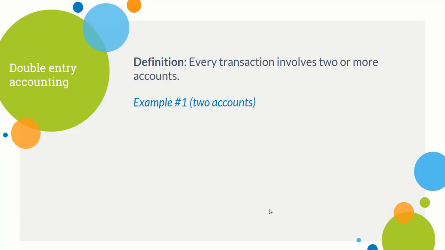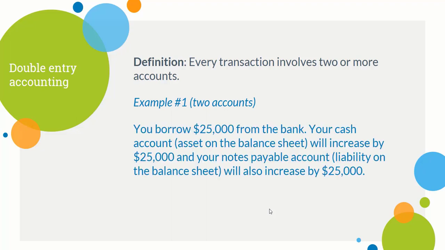So let me show you guys an example of what I mean. Let's say that you borrowed $25,000 from the bank. That means that your cash account, which is on the assets on the balance sheet, is going to increase by $25,000. And your notes payable, which is debt, or that's a liability, is also going to increase by $25,000.